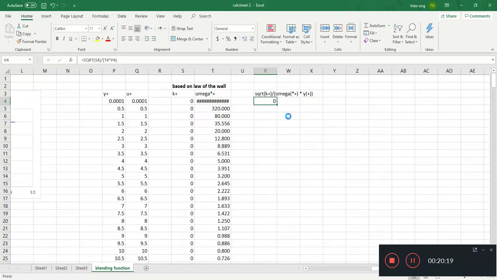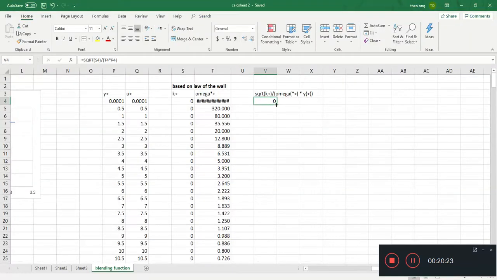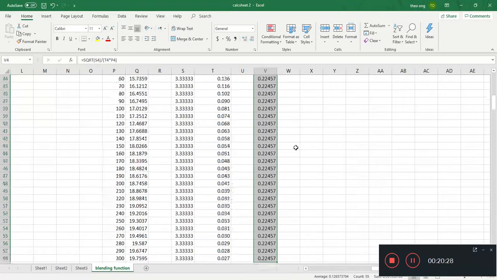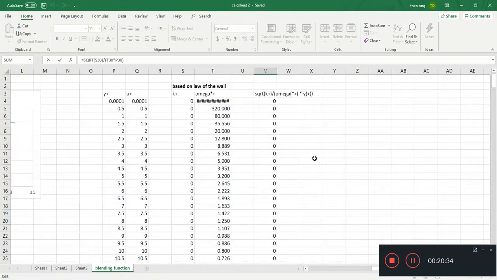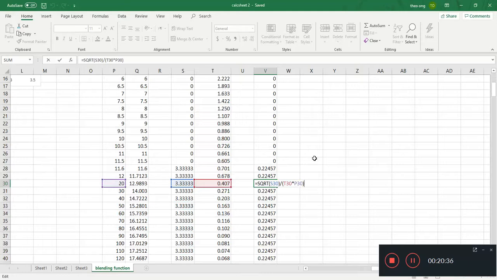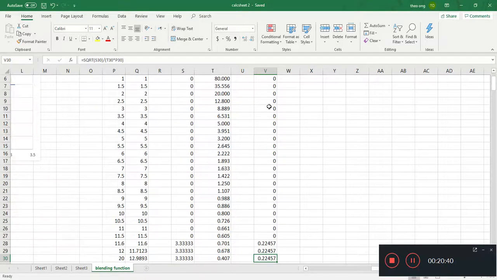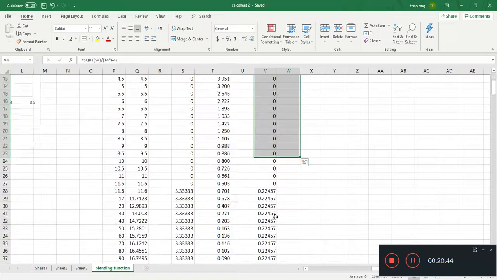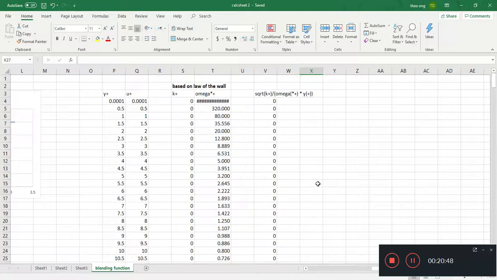So that is 0 here. This remains true all the way through, whether it's the viscous sublayer or turbulent sublayer. You can see this value just takes a jump from here. It looks like it's 0 in the viscous sublayer, and jumps here to 0.22457.